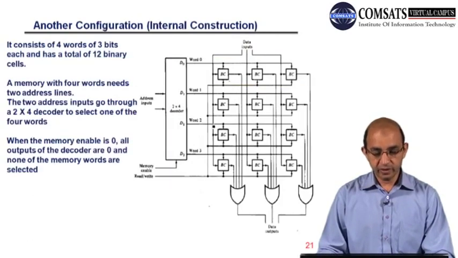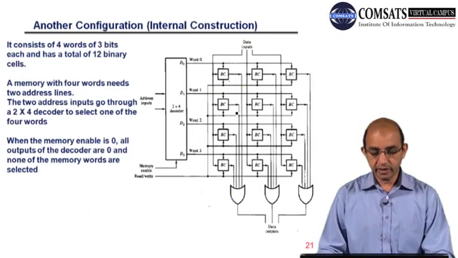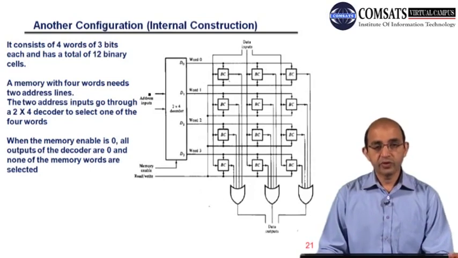So here we have another configuration. What is different is that now we have binary cells being attached to those OR gates. We have a 3-bit word, and we have 4 words, 0, 1, 2, 3. Again we need 2 bits in order to address those different locations.